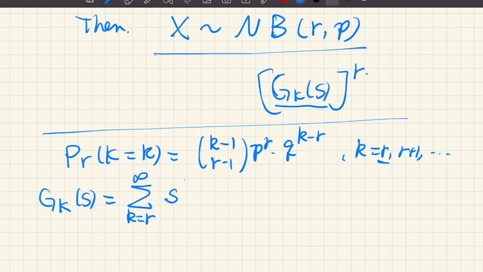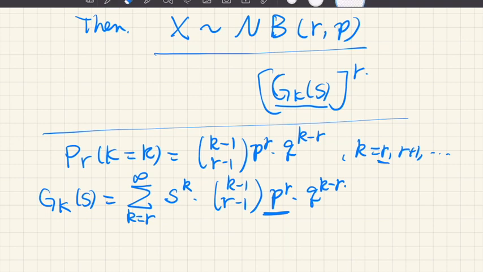It's the sum of s to the power of k, C(k-1, r-1) p^r q^(k-r). Now this factor, p to the power of r, is a constant. There's no k here, so we can put this out of the summation.